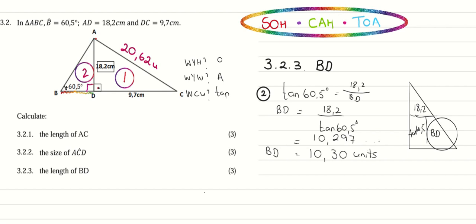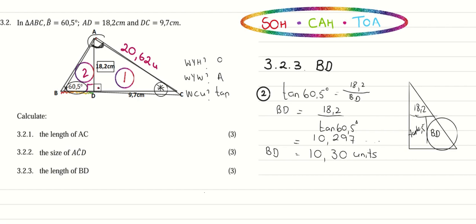Now I will tell you what the alternative was, but I won't work this one out. You could have worked in the big rat, the big one, because you had this angle C. So you could have used these two angles, and then found the value of this angle, right?